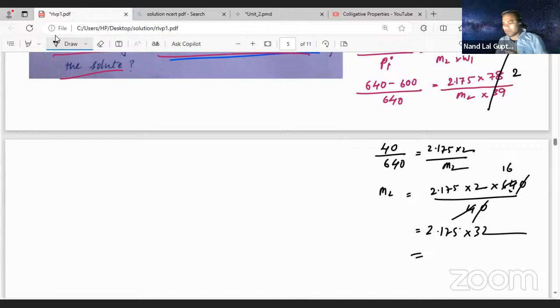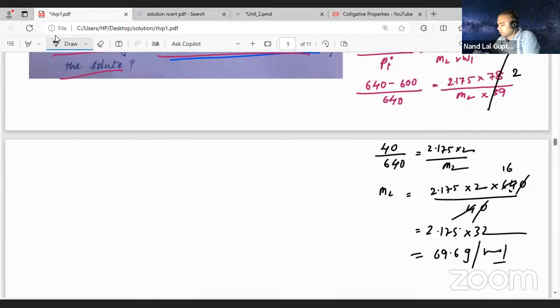Can you multiply this one? 2.175 multiplied by 32 is 69.6. It is coming 69.6 gram per mole.